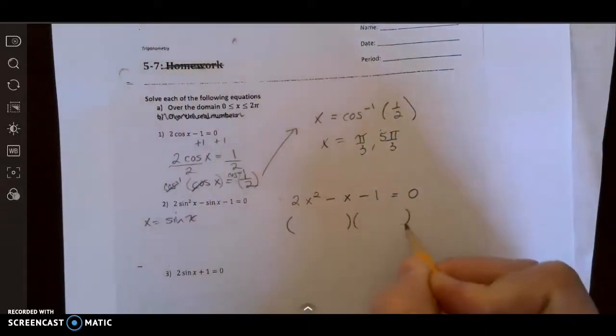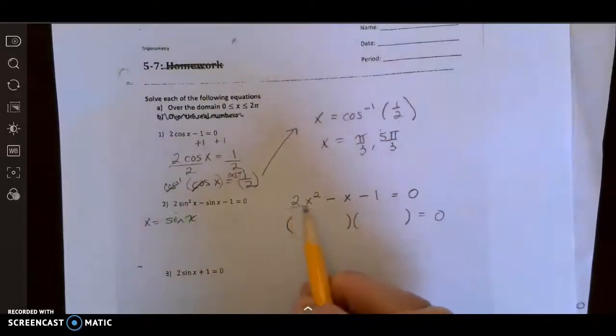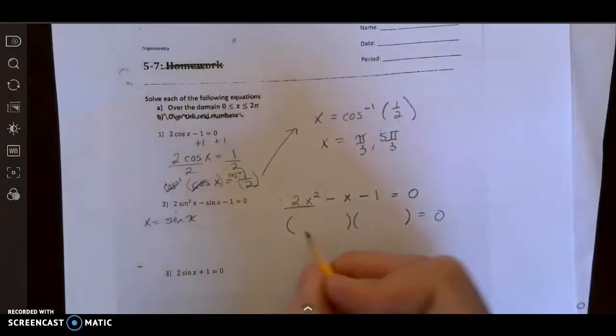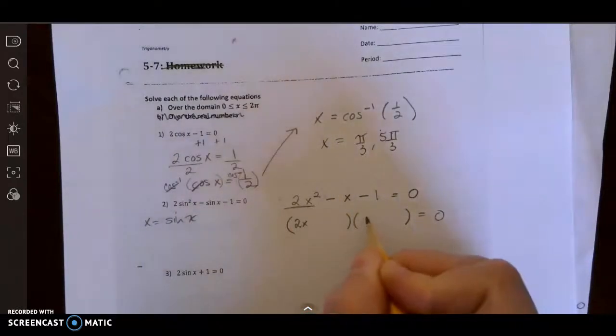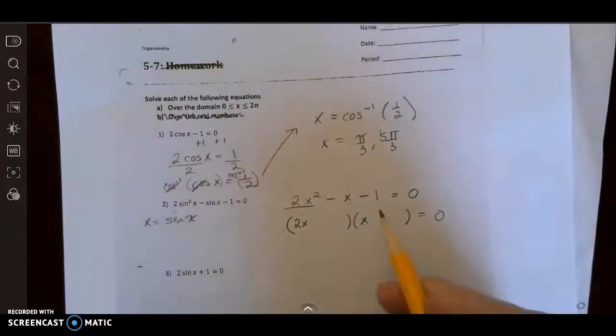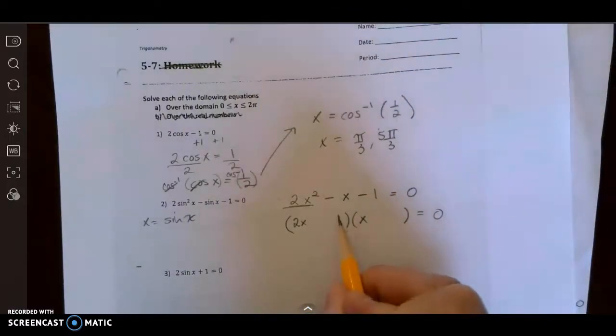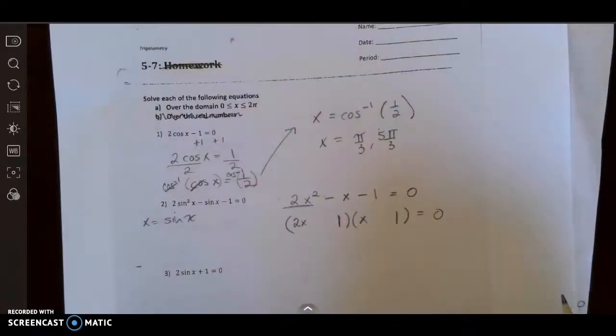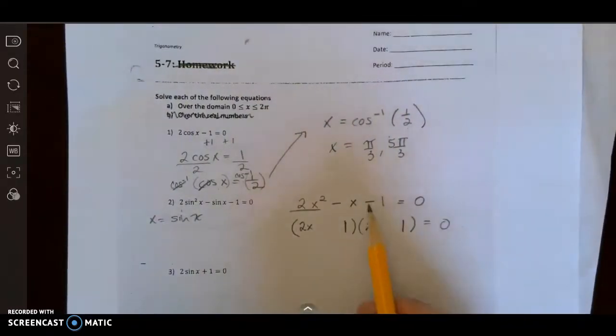I know it's going to be two binomials. The only way to get 2x squared is 2x and x. The only way to get 1 is 1 and 1. Because this is negative, one of these must be positive and one must be negative. I'm not sure which one, so I'll start here and I'll see if this works.